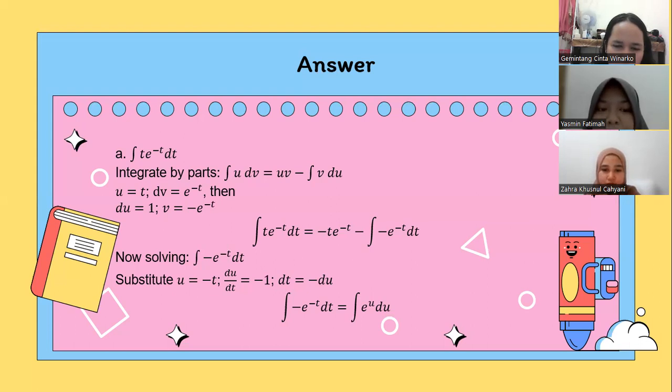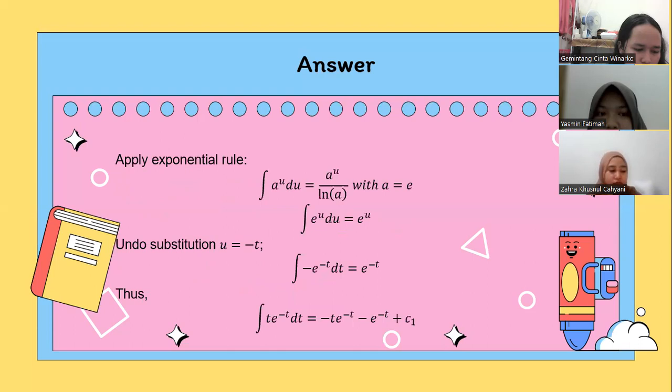Now we solve integral of minus e power minus t dt, and then we substitute u with minus t. So from that we have du over dt is equal to minus 1, and dt will be equal to minus du. So we have integral minus e power minus t dt is equal to integral of e power u du. So we apply exponential rule.